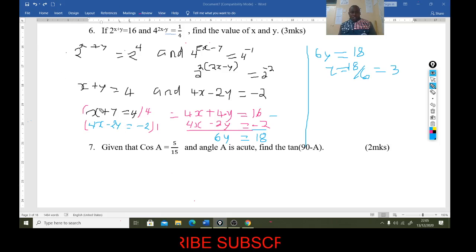So I substitute y as 3 in the first equation, then it means that x plus 3 gives you 4. So meaning that x equals 4 minus 3, which is equal to 1.